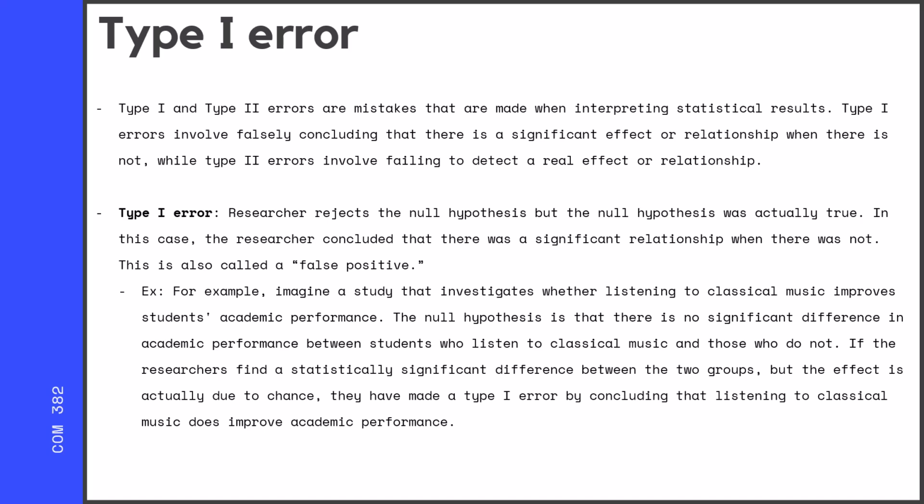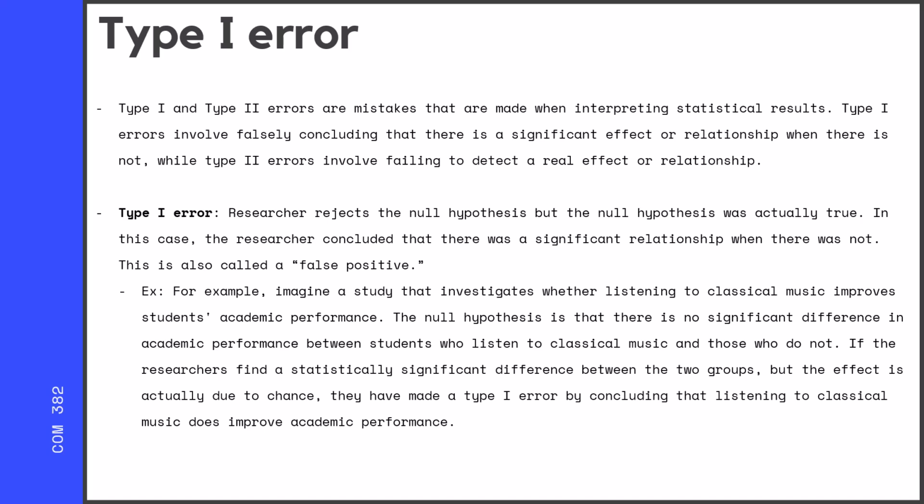So a type 1 error is also known as a false positive. This is a case when the researcher rejects the null hypothesis, but the null hypothesis was actually true. Remember, the null hypothesis was that there's no relationship. In this case, with a type 1 error, the researcher concluded that there was a relationship when there really wasn't.